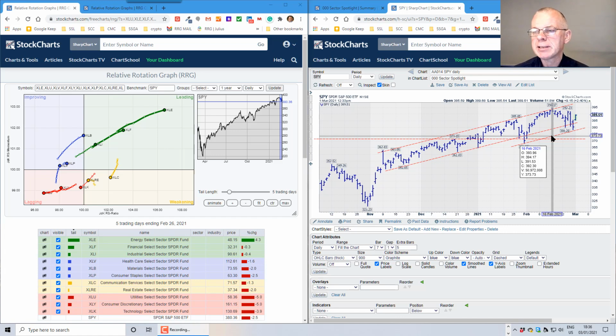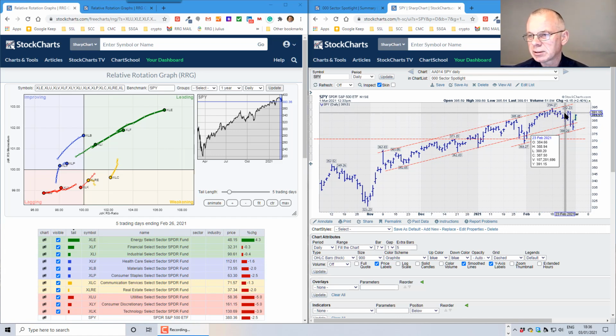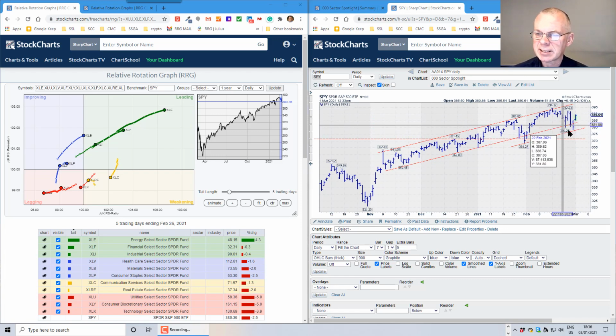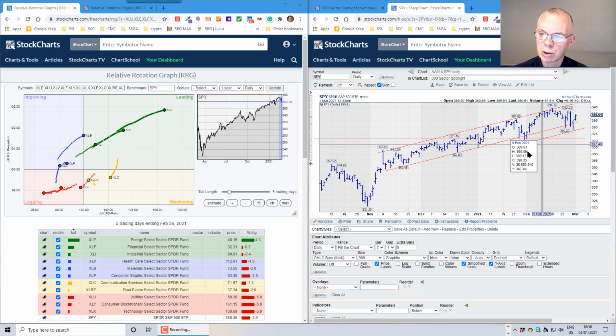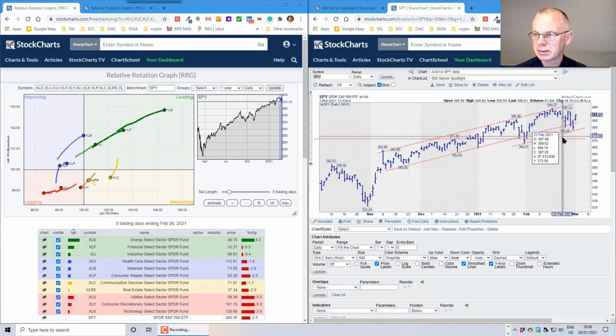So how am I reading this? If this week we can take out this 392.2, then I'm going to say that this is a higher low in this rhythm here.